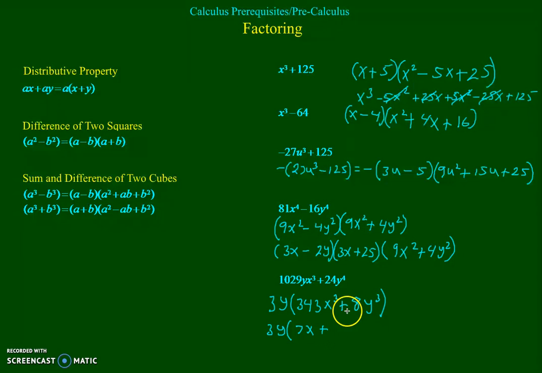This is the sum of two cubes. Cube root of 8 is 2. Cube root of y cubed is y. Then we have the square of the first. So 49x squared. Different sign. Product 14xy. And then the square of the second one. Always plus. And that factors out this ugly monster.